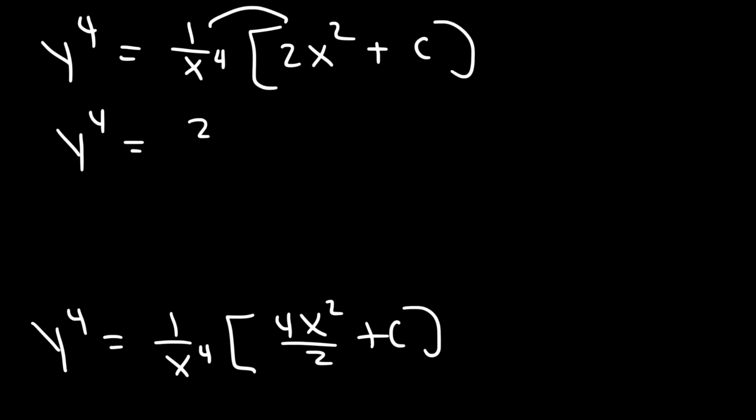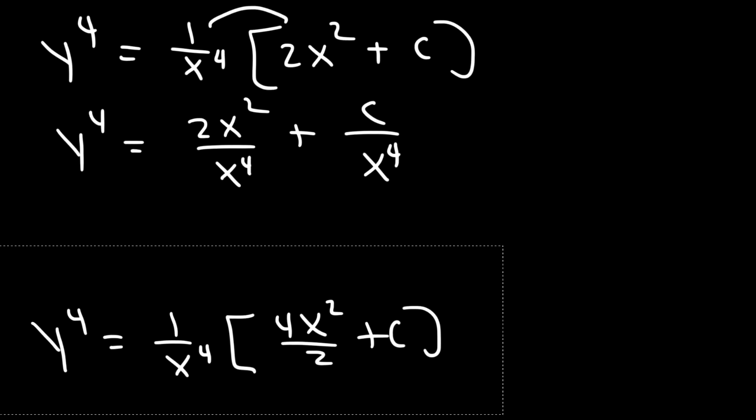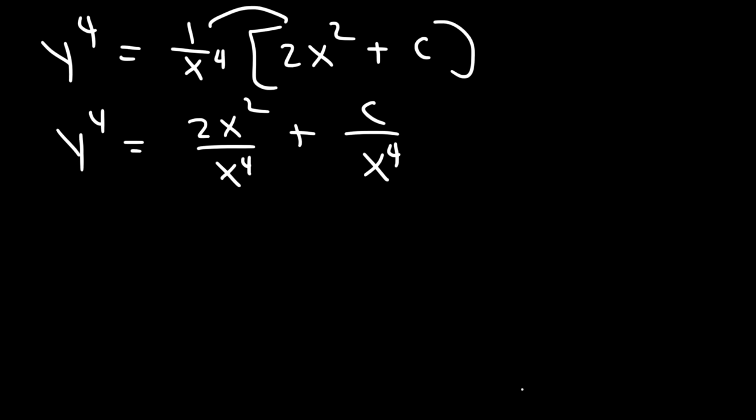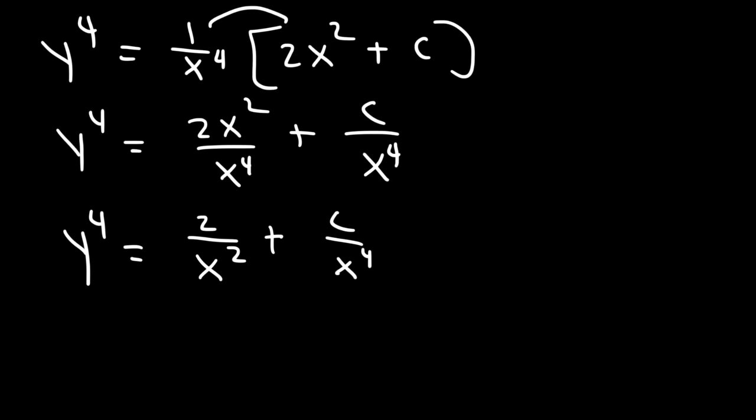So this is going to be 2x squared divided by x to the 4th plus c over x to the 4th. So x squared divided by x to the 4th. 2 minus 4 is negative 2. So we can make it positive 2 by putting x on the bottom. So this is what we now have.